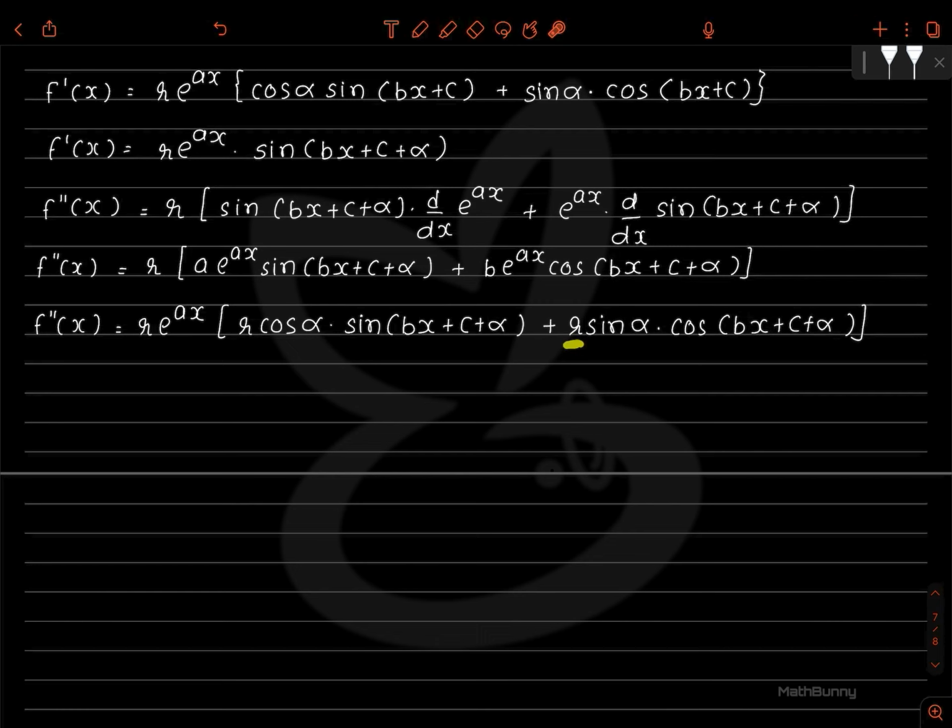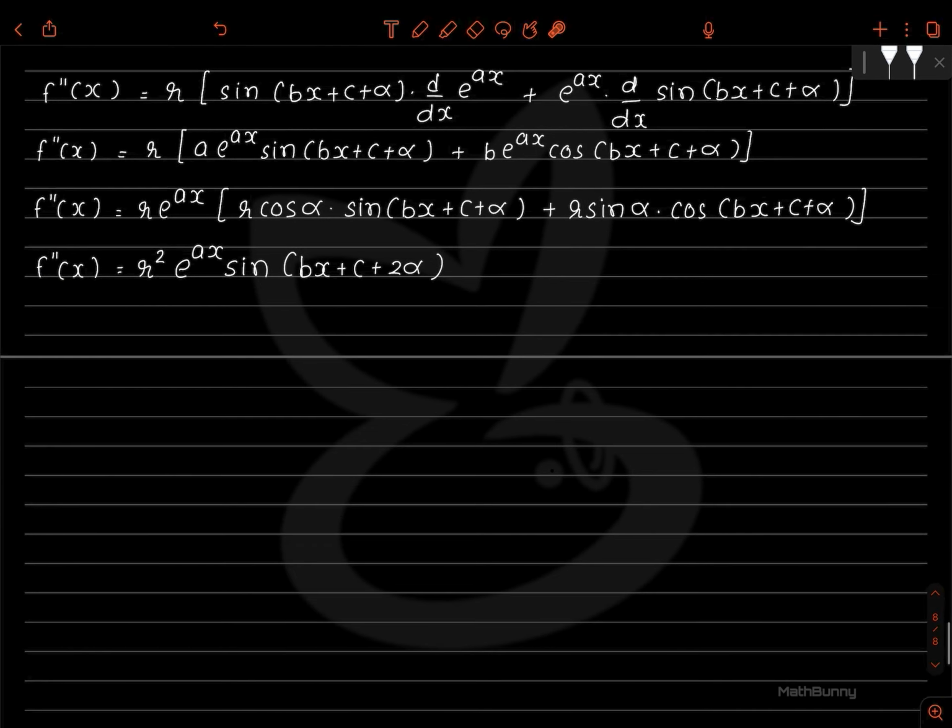We can take r common and the remaining terms are nothing but sin a plus b formula. So f double dash of x would be equal to r square e raised to ax sin bx plus c plus 2 alpha.